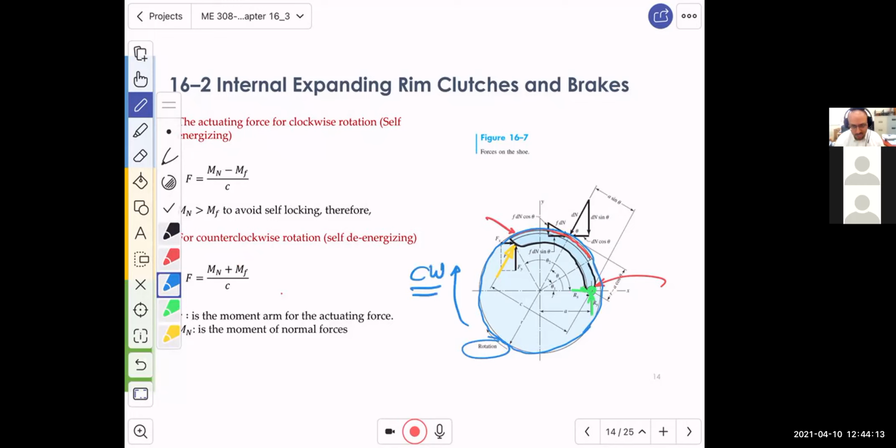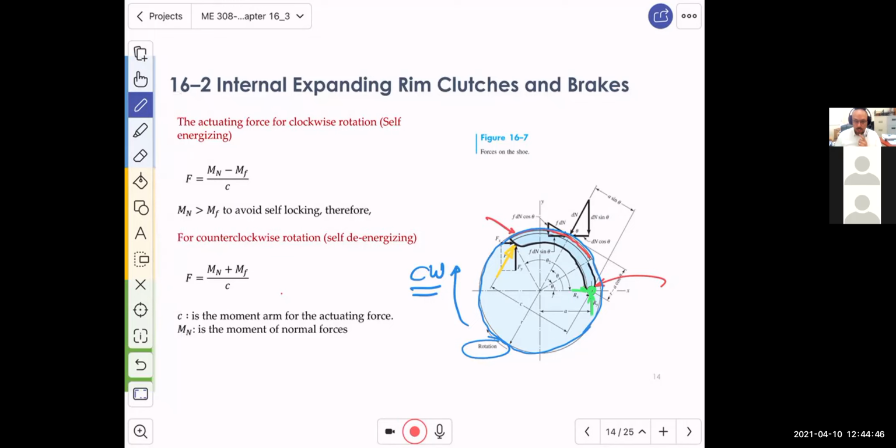This is important because the rotation will change the direction of the forces, and there are parts which will be subtracted, there are parts which must be added. And this is going to end up giving us this condition of self-energizing or self-de-energizing. You understand? And again, the competition between locking and not locking will come back again.